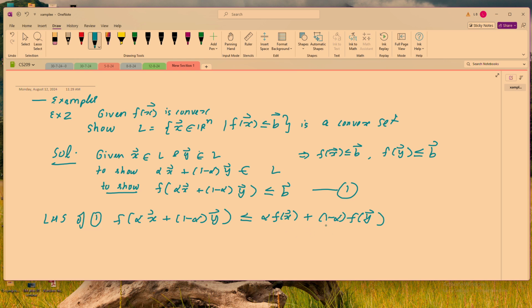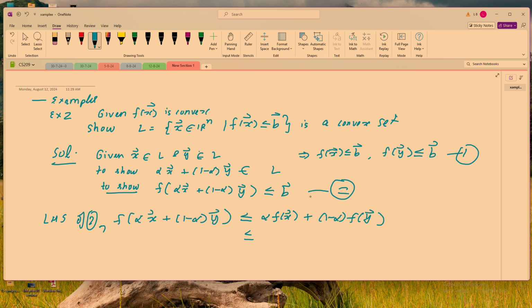What do we know? We know that f of x is less than or equal to b. Convexity though we have used. So we'll use this equation now. f of x is less than or equal to b because x is in L. Correct?